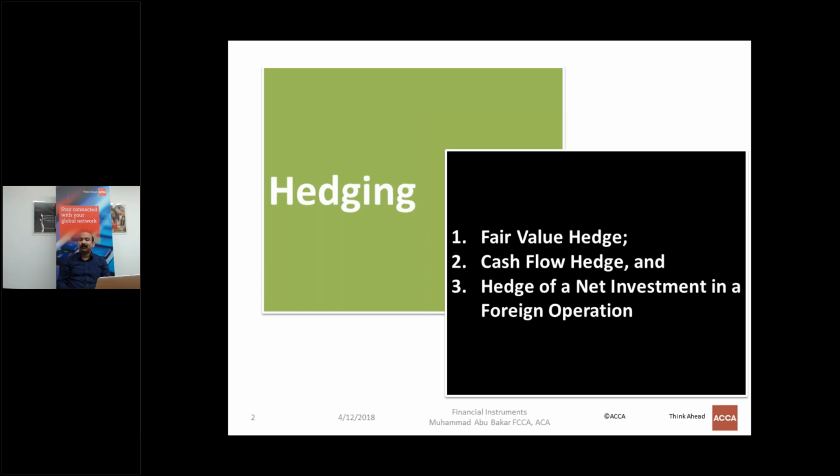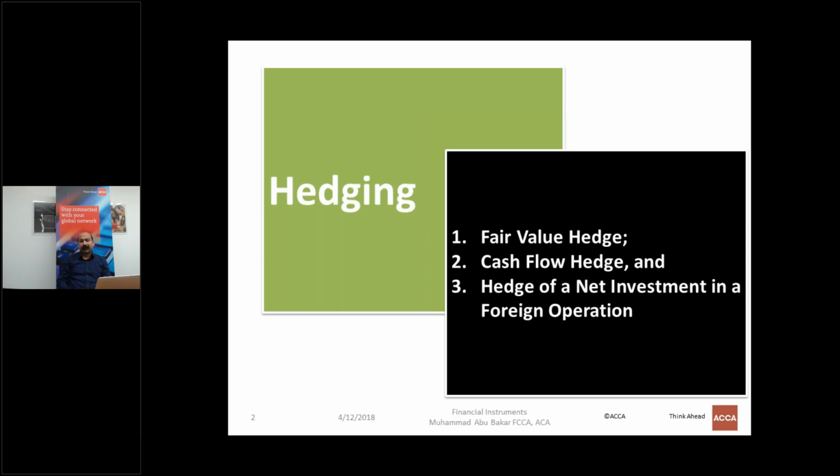So you want to protect yourself against this unfavorable movement of prices of wheat. That's why you apply different hedging techniques.